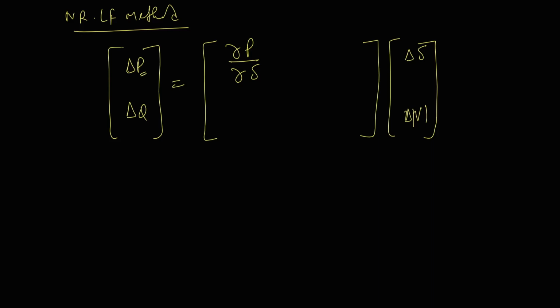The partial derivative of P with respect to delta and the partial derivative of P with respect to V. So this term into this is delta P, and similarly dou Q by dou delta, dou Q by dou V, and these are all submatrices.